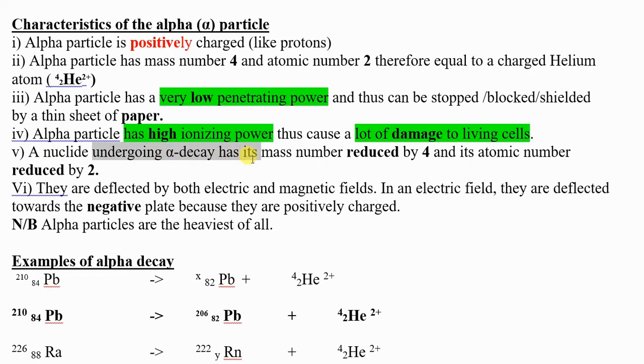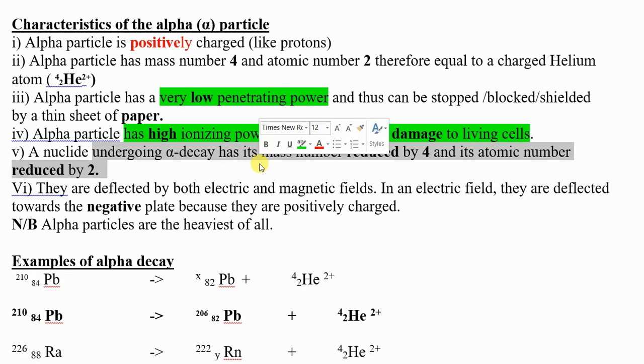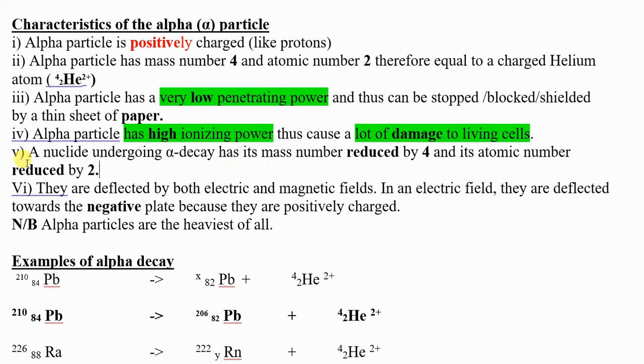A nuclide undergoing alpha decay, this is what is very critical, has its mass number reduced by 4, and its atomic number reduced by 2.